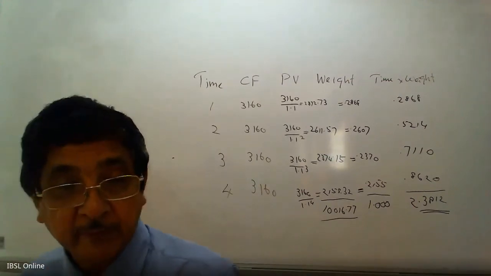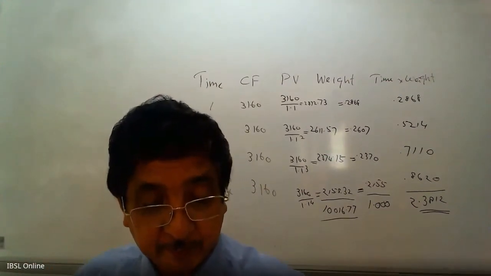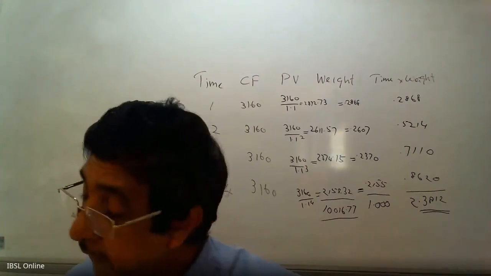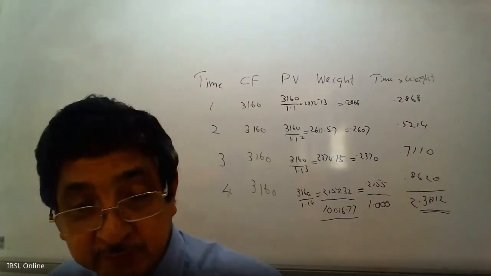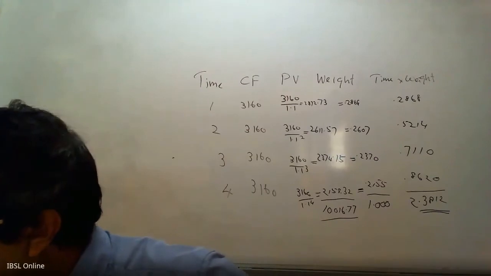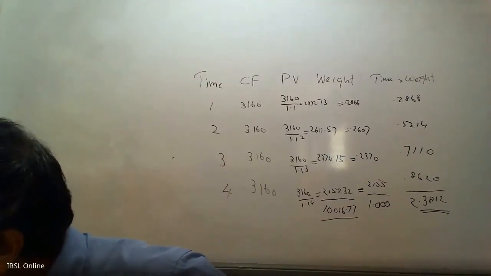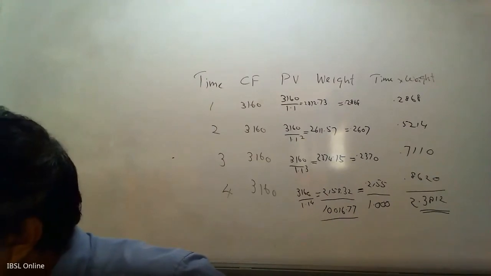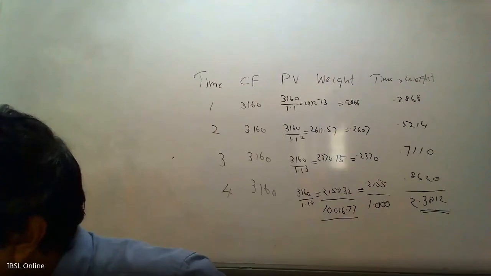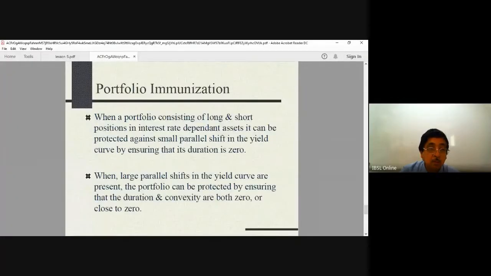Right. Now I will go into another problem, and then we will be in a position to work it out. This is a problem on portfolio immunization. I will put it on the board. Now we are referring to portfolio immunization.